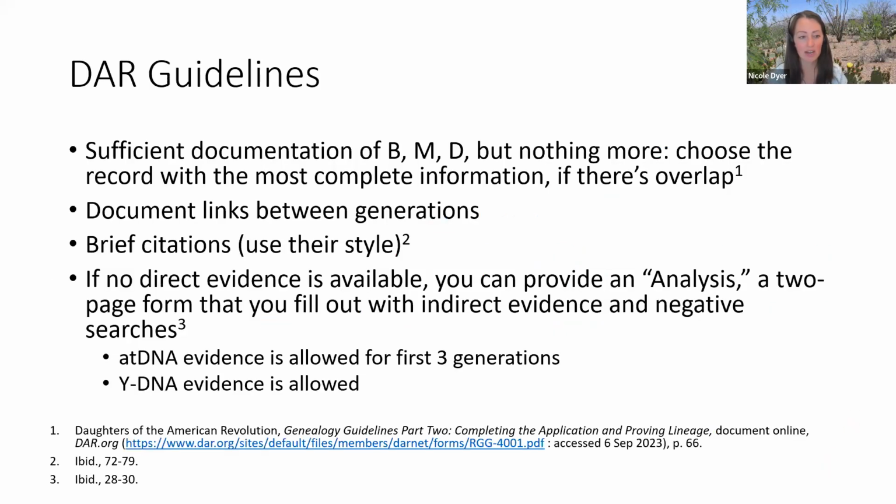In that document, Genealogy Guidelines part two, it goes through many pages of how to get the best possible evidence. They have a lot of suggestions for different record types, such as, instead of using an author to find a grave memorial, only using the information that's on the actual headstone or tombstone, which would be an original source.